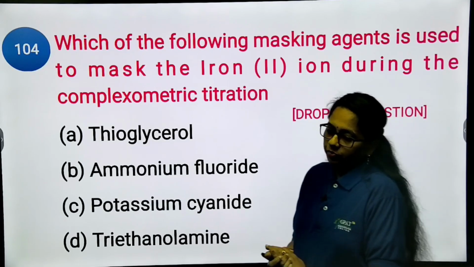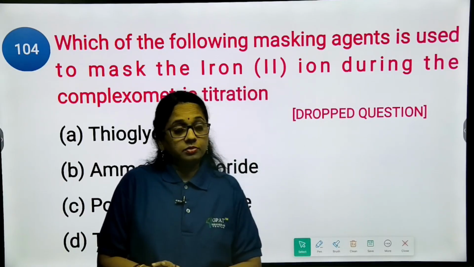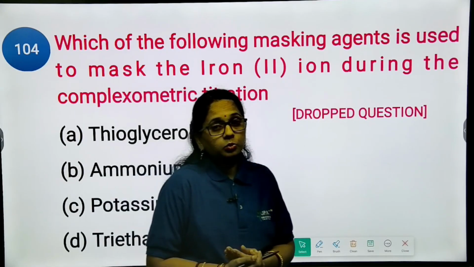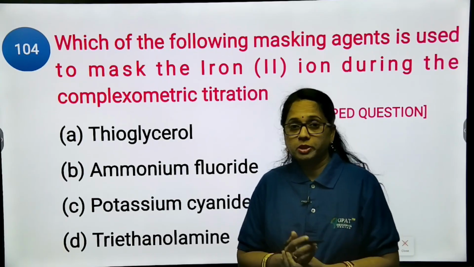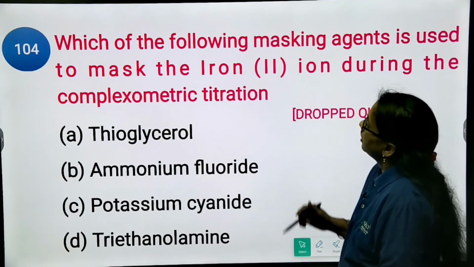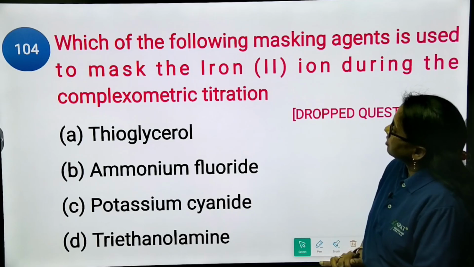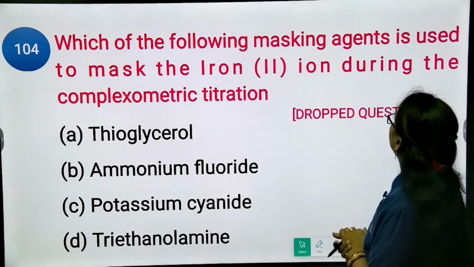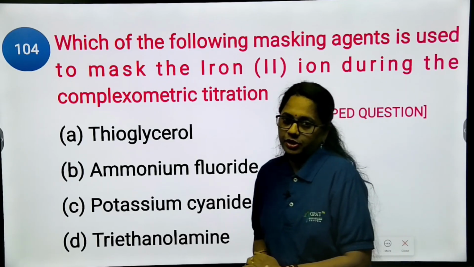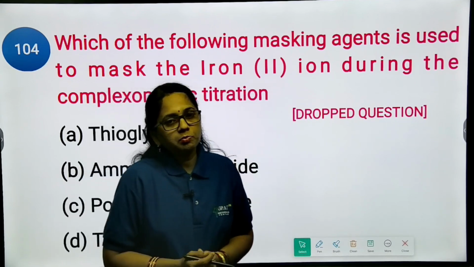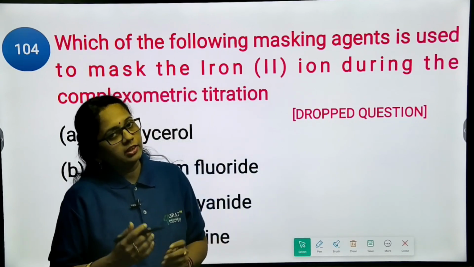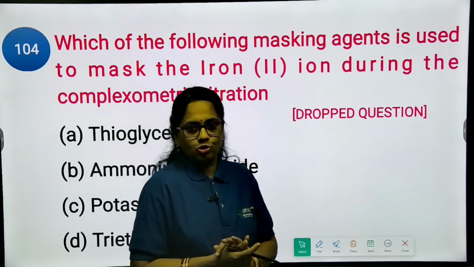Next question: which of the following masking agents is used to mask the iron ion during complexometric titration? Oh, again complexometry, we got the second question. Potentiometry also we got 2 questions, complexometry also 2 questions. Whenever complexometry is performed, sometimes we require the help of masking agents or demasking agents, right?